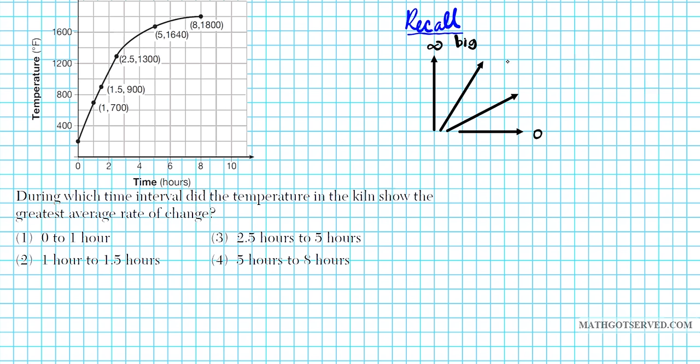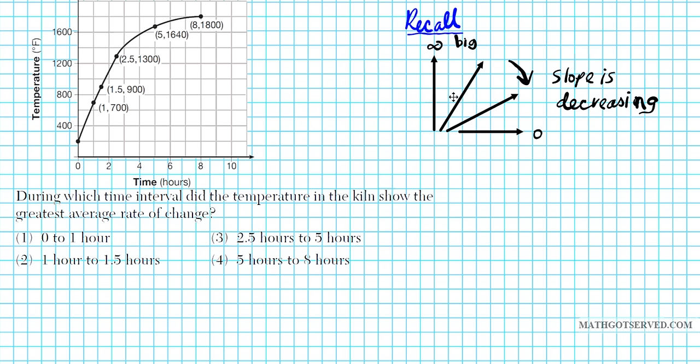So if you're going in this direction, the slope is decreasing. If the line is going upwards from left to right, the more slanted the line is, the bigger the slope. The less slanted it is, or closer to 0 or horizontal, the smaller the slope.